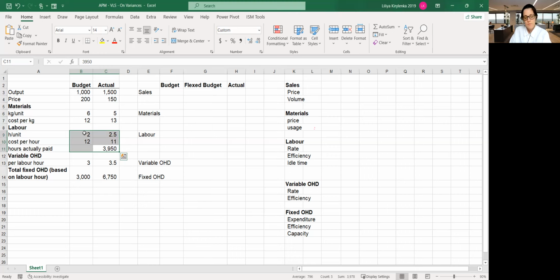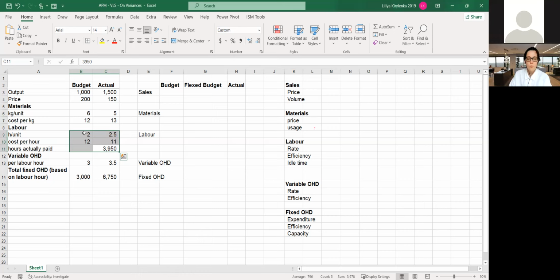And we have total fixed overheads, and depending on the way that we produce our managerial accounting, these overheads are apportioned or are not apportioned to the product based on the cost driver, such as labor hours in our example. So in this very question, we will need to calculate variances, but we also want to talk about variances.